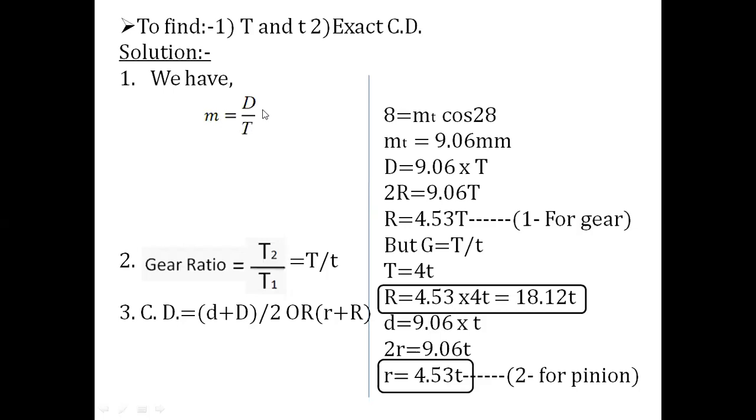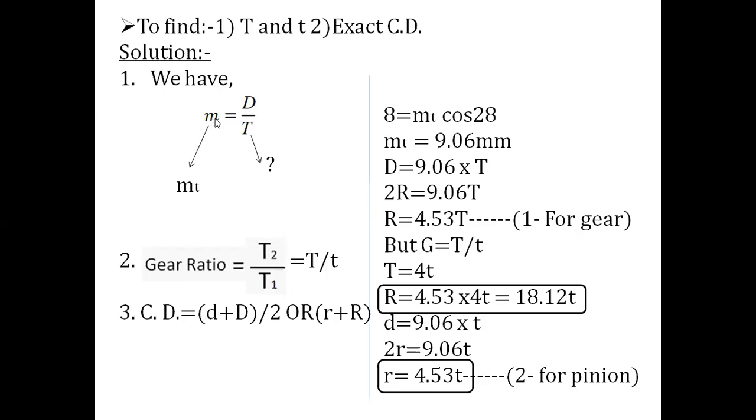We studied that formula in unit 1 also, and in the second unit also. Module is equal to d by t, but which module is this? This is the transverse module. Remember that in the formula we have studied, module is equal to d by t, the module is always the transverse module, not the normal module.